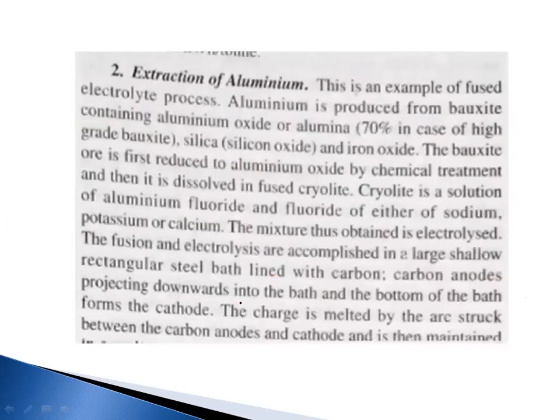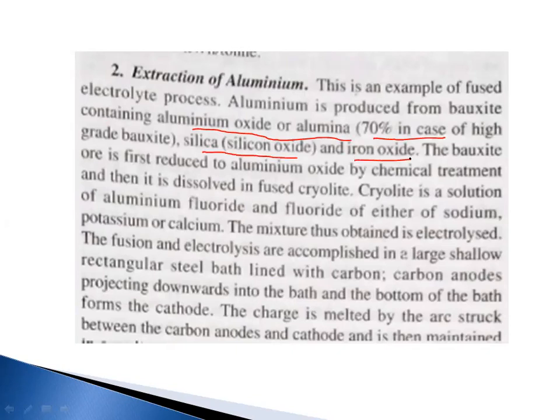Secondly, extraction of aluminium. This is an example of a fused electrolyte process. Aluminium is processed from bauxite containing aluminium oxide or alumina, about 70% in case of high grade bauxite, and silica, that means silicon oxide, and iron oxide.